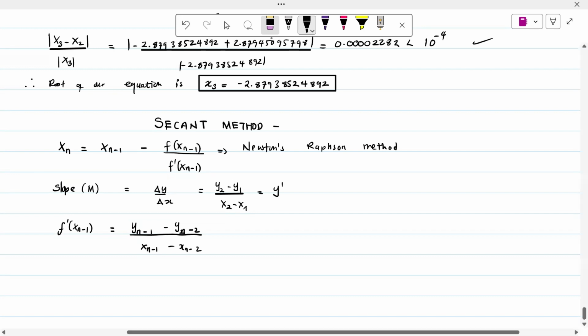Okay, so it's more like y2 minus y1 over x2 minus x1.